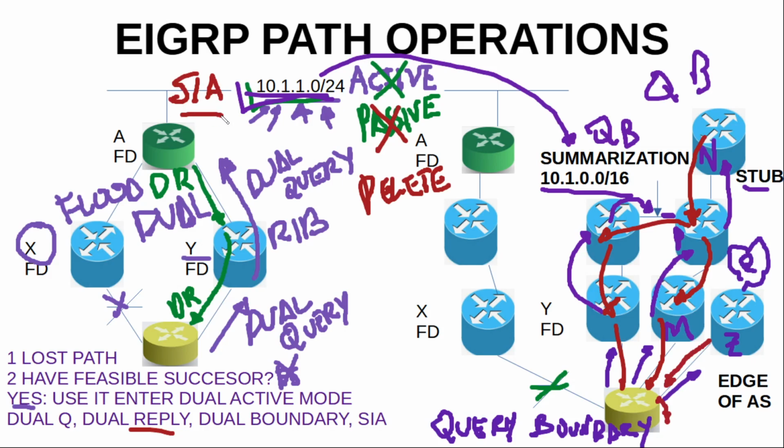We don't want stuck in active. This means that there is something wrong with our network. That means that we have to review our network topology, redesign it, because stuck in active routes are red flags for EIGRP. We don't want to see stuck in active routes.